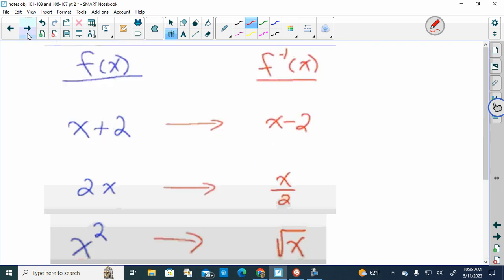Okay, so proper notation. On the left-hand side, this would be our regular f of x. If you had this as your problem and they asked you to write the inverse operation, this is the symbol that means inverse operation. It's got a -1 as an exponent. It just means what is the opposite to undo that.